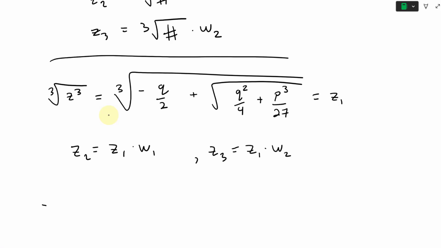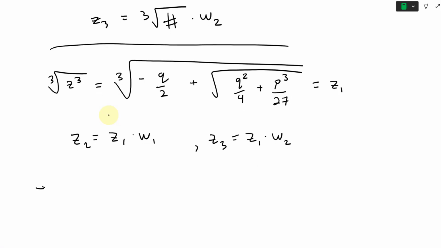So now what we end up having is y. So now we're going to put in the second solution. So y2, remember, equals the Vieta solution: z2 minus p over 3z2. Well, actually, no, the w is added afterwards. This is just z2.